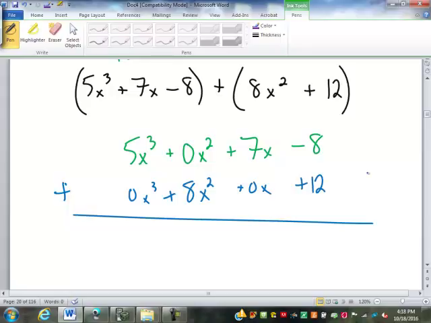Negative 8 plus 12 is positive 4. 7x and 0x is 7x. 0x squared and 8x squared is 8x squared, and then 5x to the third.